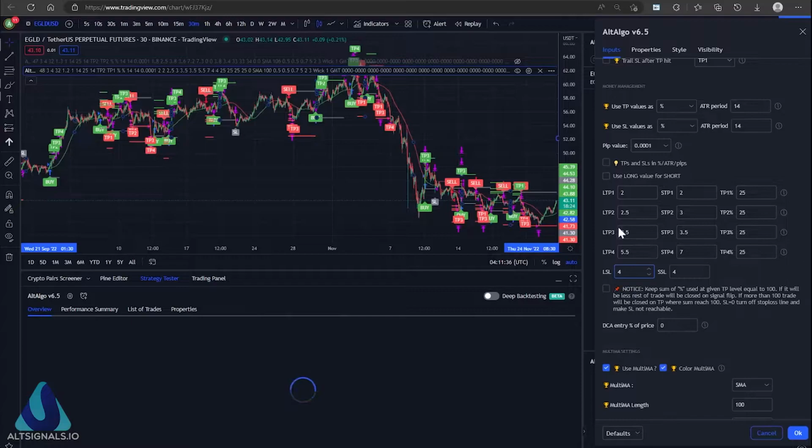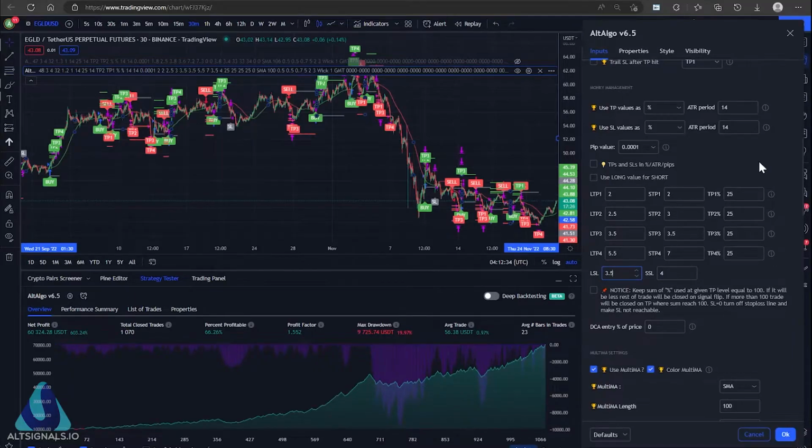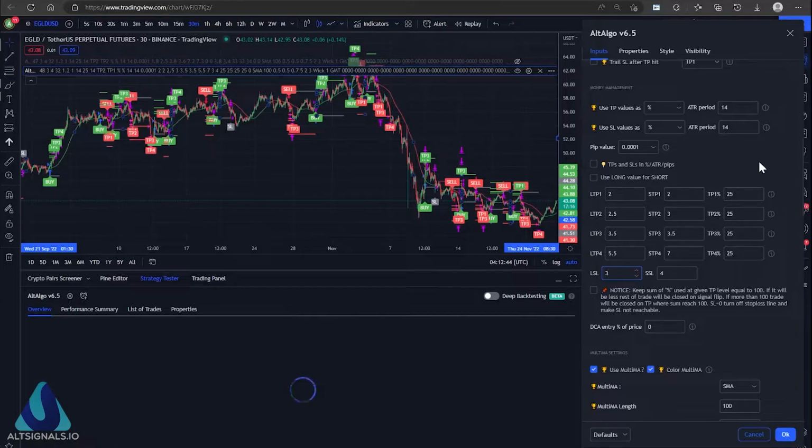Then, as we have tried to increase the take profits as much as we could, without breaking or decreasing the setup, we're now going to reduce the stop losses as much as we can. So let's also try in steps of 0.5. So 3.5. Okay, so 3.5 is not that good because the net profit is decreasing, but let's see at 3, because the lower the stop loss, the less losses we have when hitting stop loss.